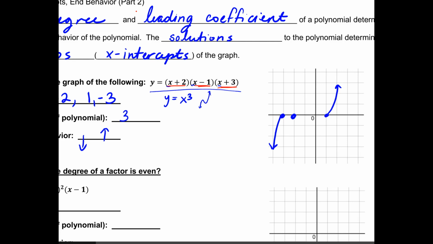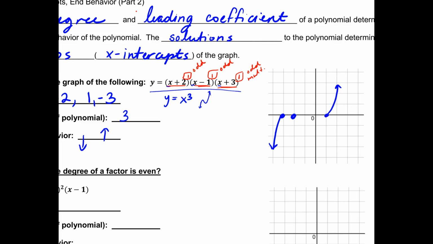So x plus 2 occurs 1 time, x minus 1 occurs 1 time, and x plus 3 occurs 1 time. So we say that each of them have an odd multiplicity. Odd, odd, odd. And I know this is a review from yesterday, but we kind of threw a lot at you yesterday to investigate, so I thought it would be a good day to just revisit what did we learn, how do we throw it all together.